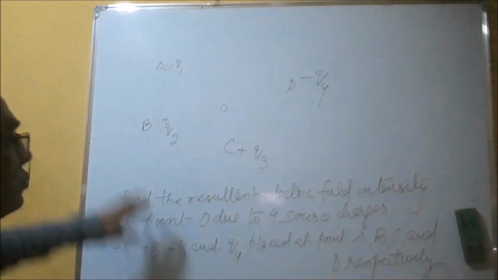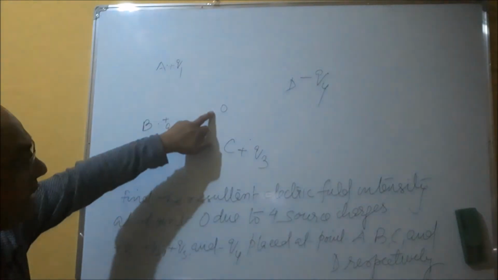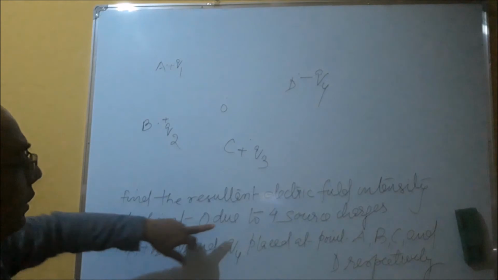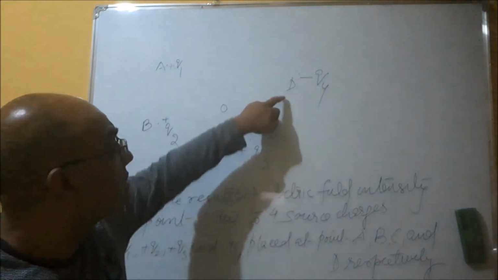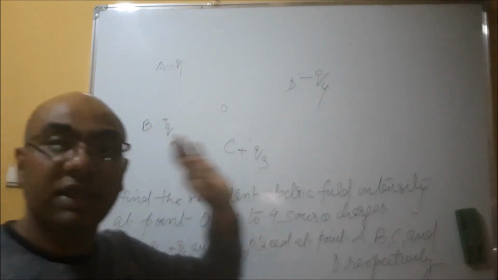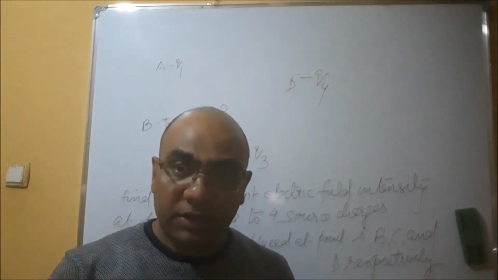Okay, so the question is to find the resultant electric field intensity at point O due to the four source charges Q1, Q2, Q3 and minus Q4 which are placed at points A, B, C and D.